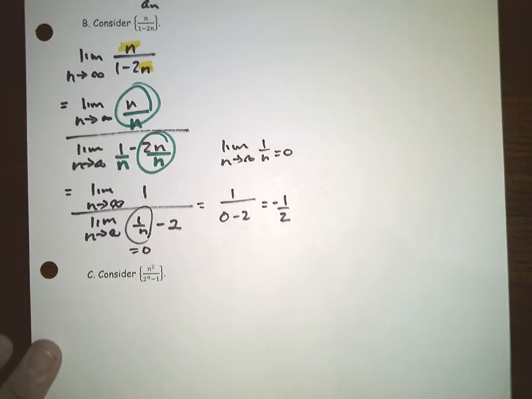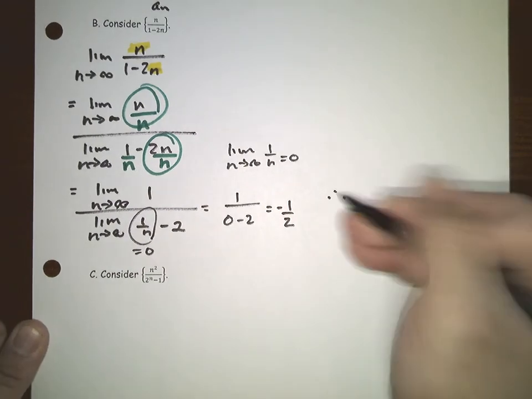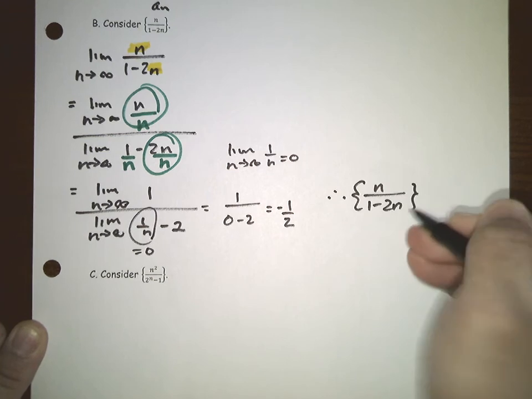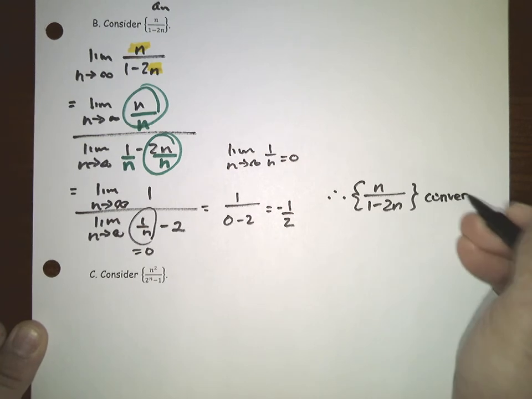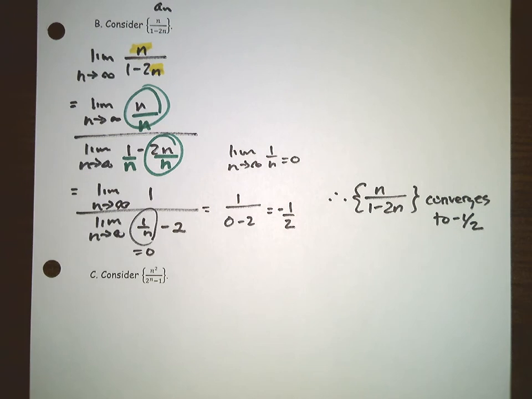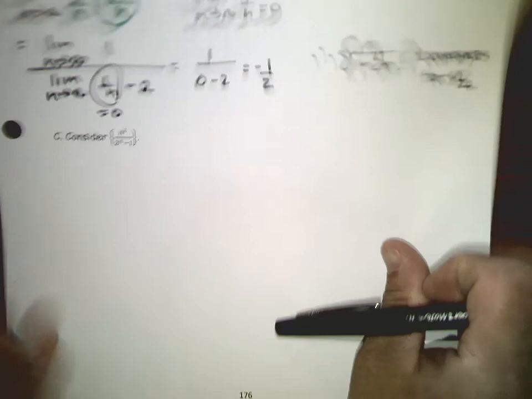So that means, therefore, the sequence n over 1 minus 2n converges to negative a half. You could make a table for this as well, but this one really wasn't necessary to do that here.